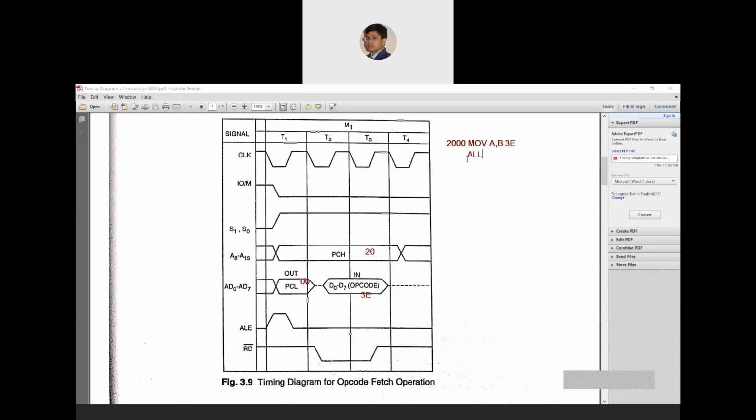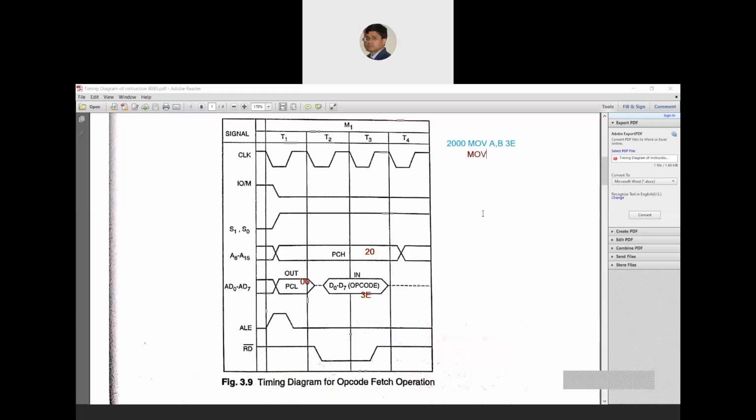A MOV instruction like this has only one operation, that is opcode fetch. So if I asked you to draw the timing diagram of any kind of MOV instruction, you can draw this diagram. Suppose I am asking you to draw the timing diagram of MOV A comma B, then you have to draw this diagram.